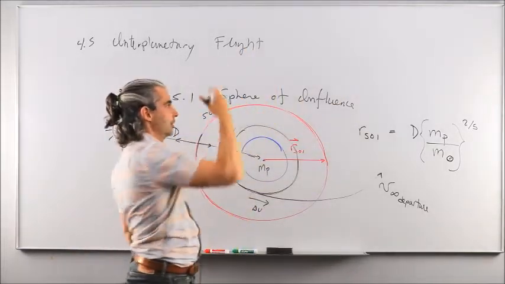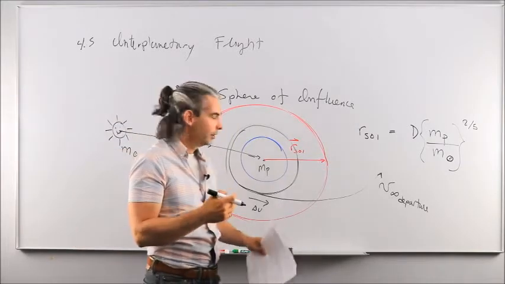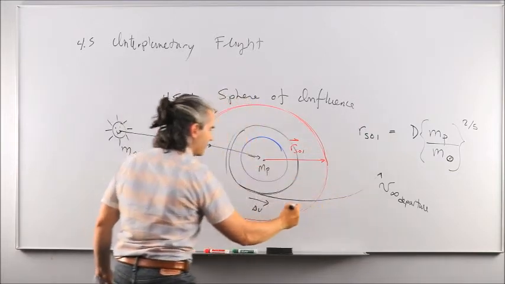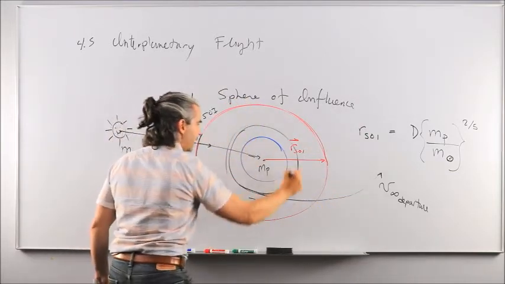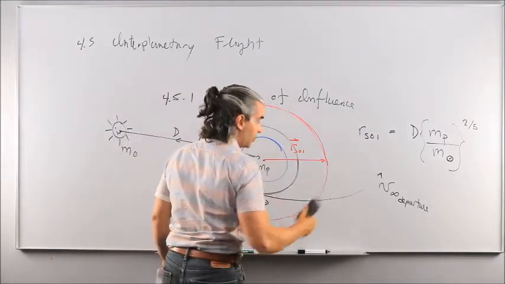And then whenever we want to reach our target planet, or planet 2, we'll apply another burn to kick ourselves from the hyperbolic arrival orbit down to a capture orbit and remain on orbit around the target planet, if that's what we want, okay?